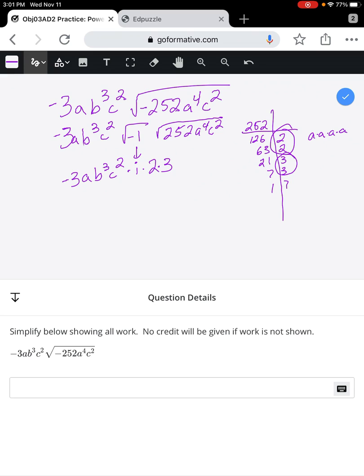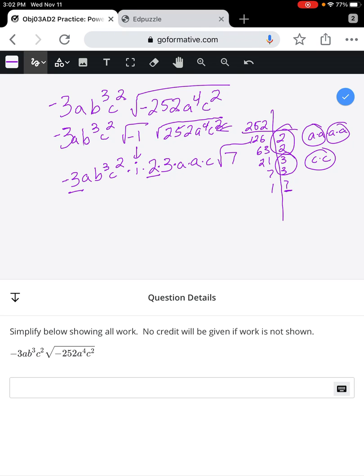Now I look at my variables. I have 1, 2, 3, 4 a's, so I know I'm going to have 2 a's coming on the outside, and then I have 2 c's right here, so I know I'm going to have a c on the outside.